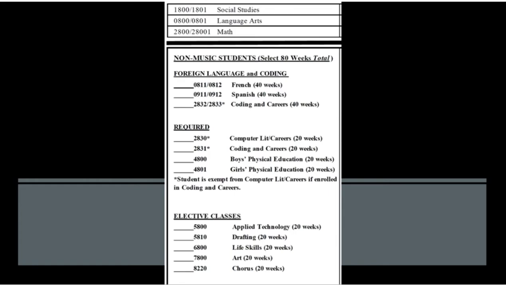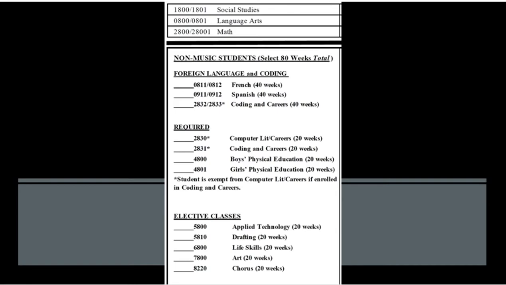Second, you have to have a C or higher this year in your language arts class to qualify for that. So you're going to have your language arts teacher initial your form. You have to have a C average or higher in language arts this year in order to take one of the foreign language classes next year.